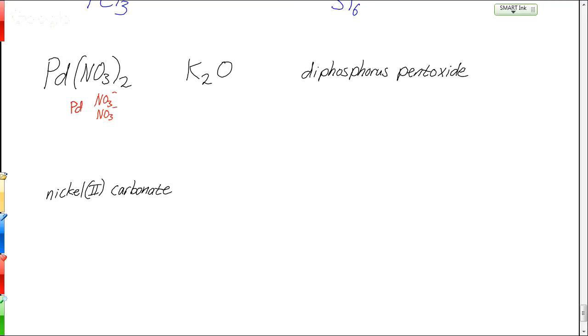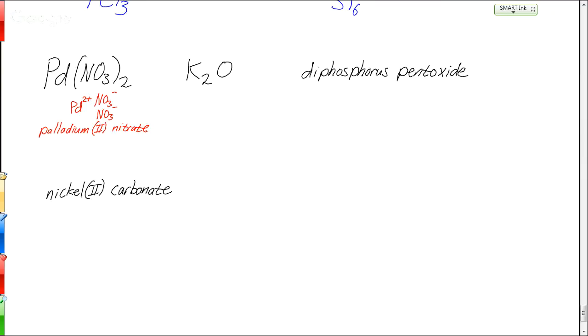So what does the palladium have to be to balance that out? 2. So this is going to be palladium(II) nitrate. Because palladium is in the middle of the periodic table, which tells us that it can have more than one possible charge, we specify the charge with the parentheses.